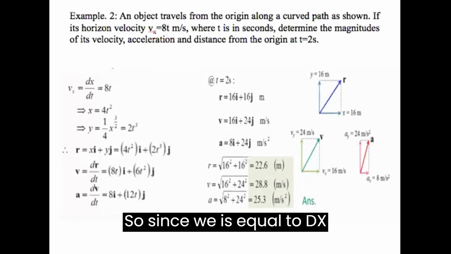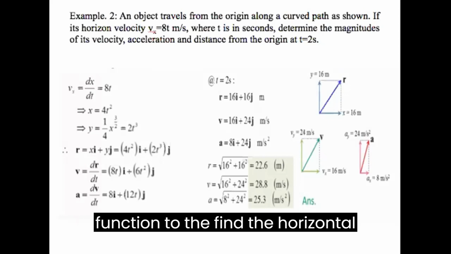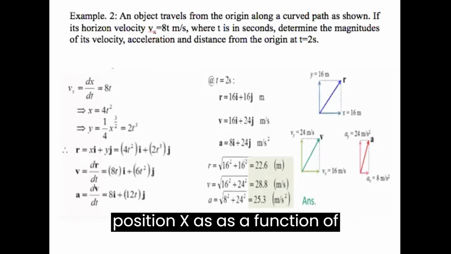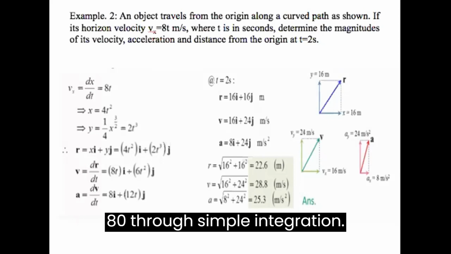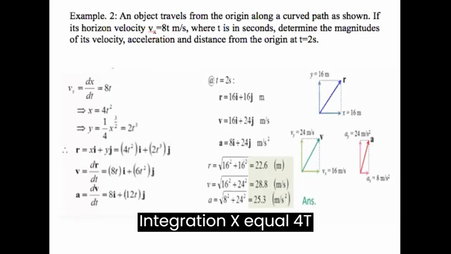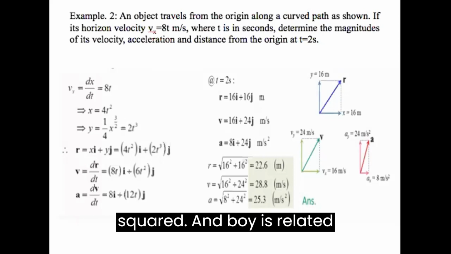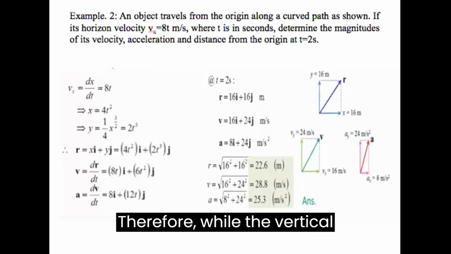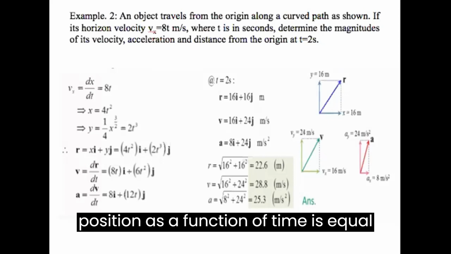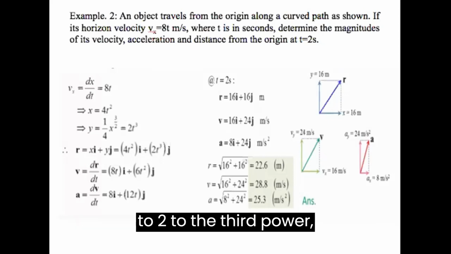Since vx equals dx over dt, we can use the vx function to find the horizontal position x as a function of time. Vx equals 8t. Through simple integration, x equals 4t squared. And y is related to x through y equals 1/4 times x to the 3/2 power. Therefore, y, the vertical position as a function of time, is equal to t to the third power.